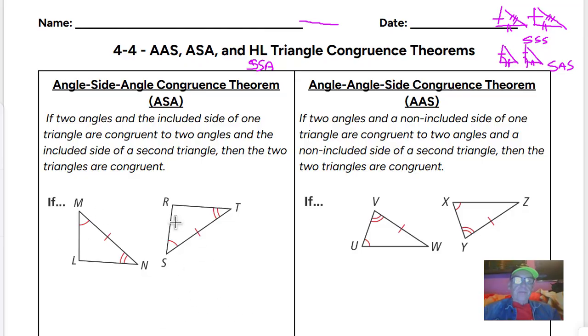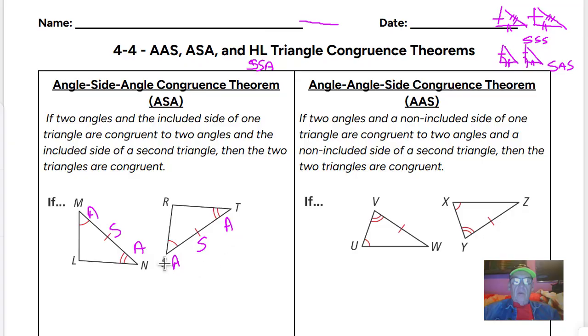So let's look. So here we have angle M congruent to angle S. We have angle N congruent to angle T, and the included side that connects those two angles together, MN, is congruent to ST. So this gives us an angle with an angle, a side with a side, and the other angle with the other angle, gives us an angle, side, angle pattern.